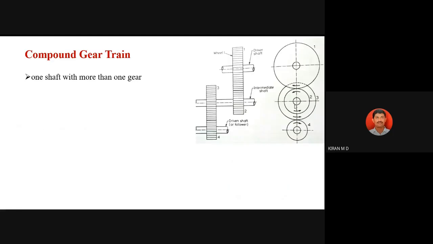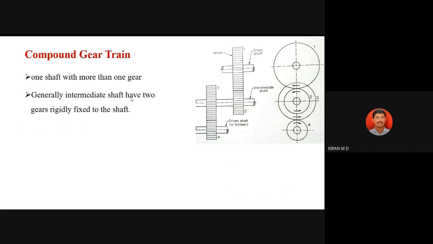In a compound gear train, one shaft carries more than one gear. See here, this is the compound gear train. This one shaft is mounting the second and third gear. A gear train in which a shaft consists of more than one gear, we are going to call the compound gear train.